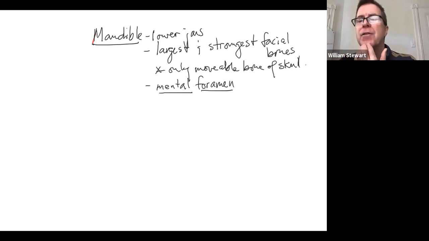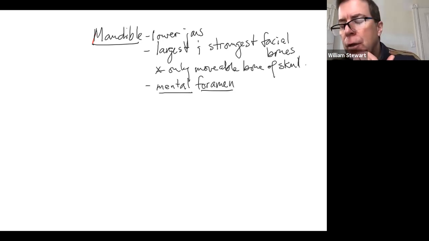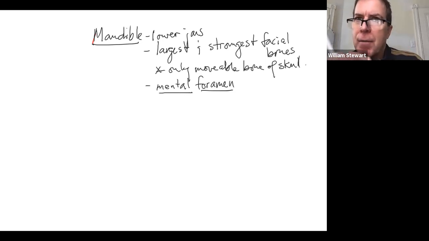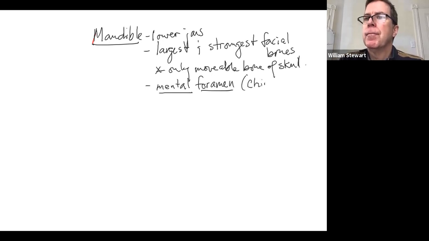We learned this way back in chapter 1 at the beginning of the semester. Mental is a surface region on the face, right where the chin is. And there's two of them, one on either side. Those mental foramen are for what's called the mental nerve.